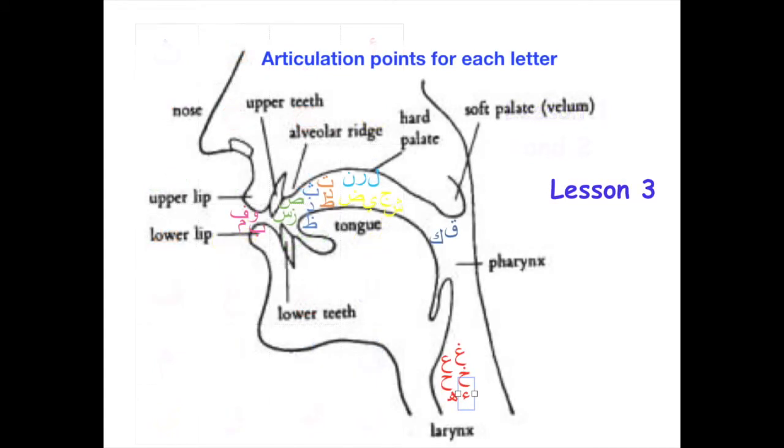And then we looked at the articulation points to see where each letter came from in the mouth. So you can go back and review those videos for each of those.